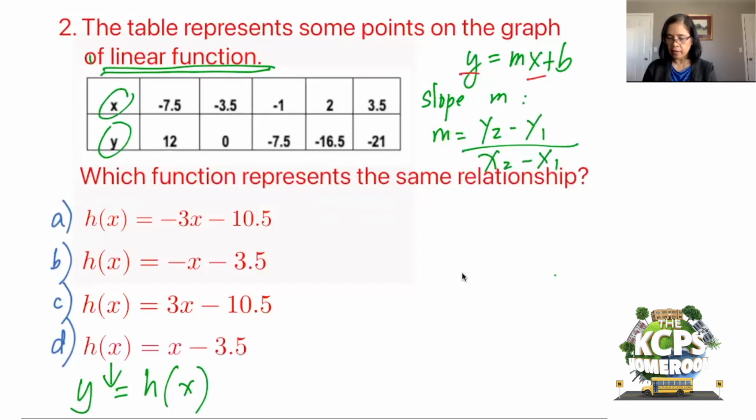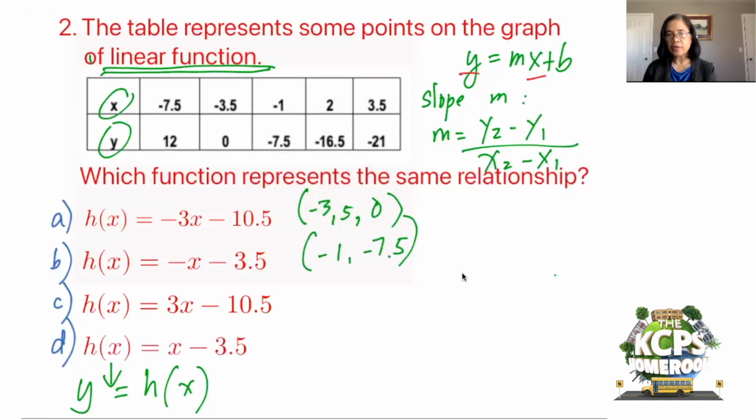So if we take a point on the table, if this is our x sub 1, negative 3.5 as our x, the y value is 0. So we have an ordered pair x sub 1, y sub 1. And we can take another pair, where x is negative 1 and y is negative 7.5.